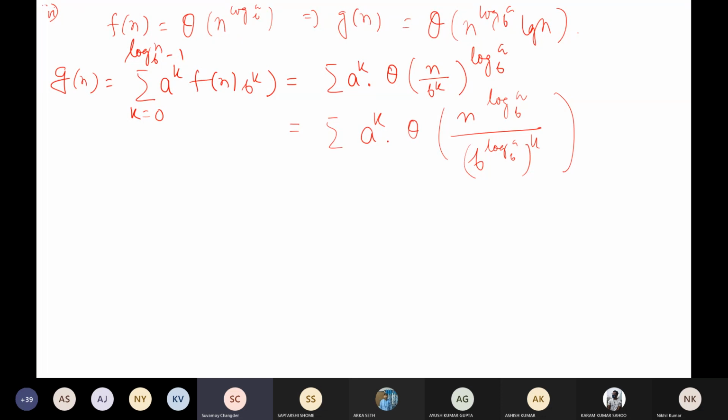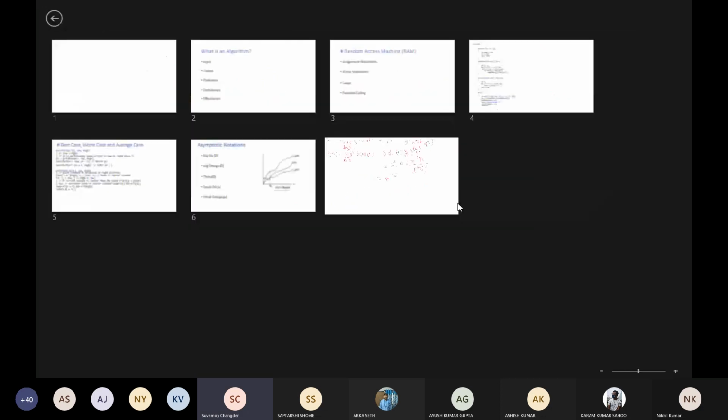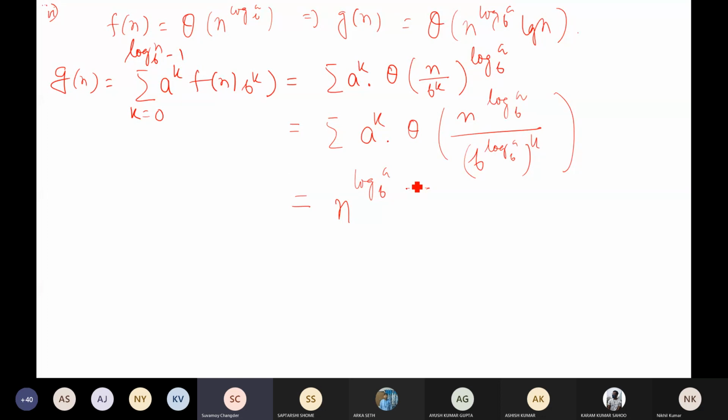Therefore, we can say this is equal to n to the power log a base b theta of sum of a to the power k into, you see again, b to the power log a base b is equal to a to the power log b base b, so a, and hence it is 1 by a to the power k, right?